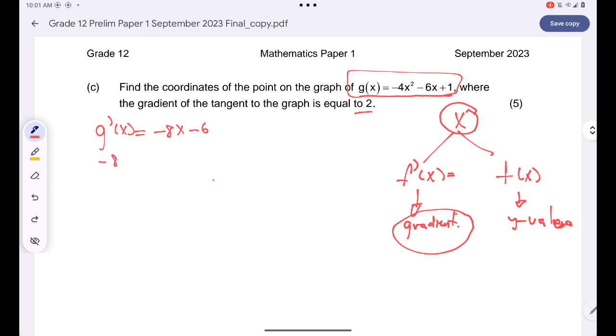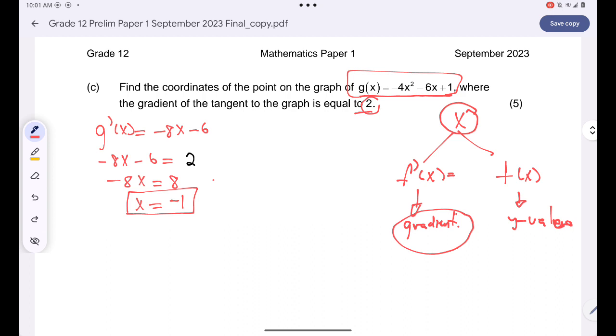I'll simply have negative 8x minus 6 being equal to 2, which is my gradient, right? And then this will just give me negative 8x is equal to a positive 8, and then x is just equal to negative 1. So I now know that when x is equal to negative 1, the gradient of a tangent is equal to 2.